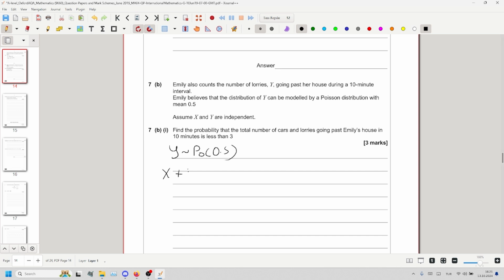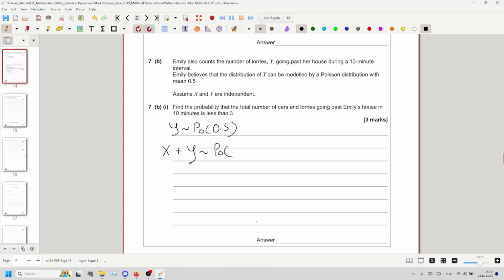The total would be X plus Y, which is distributed Poisson with 0.5 plus 6.5. It asks for the probability that the total number of cars and lorries in 10 minutes is less than 3. That is the probability that X plus Y is less than or equal to 2.